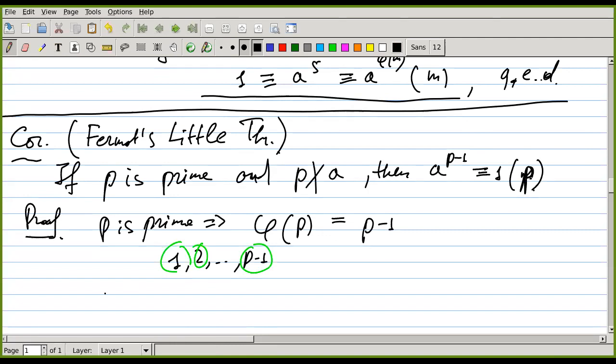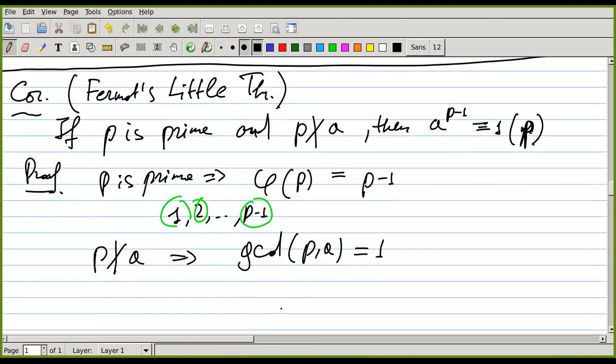And we know that as P does not divide A, then I say that P and A are co-prime. Why is it so? It suffices to prove that A and P have no common prime divisor. Assume they have. But that means that their common divisor is P. The only prime divisor of P is P itself.